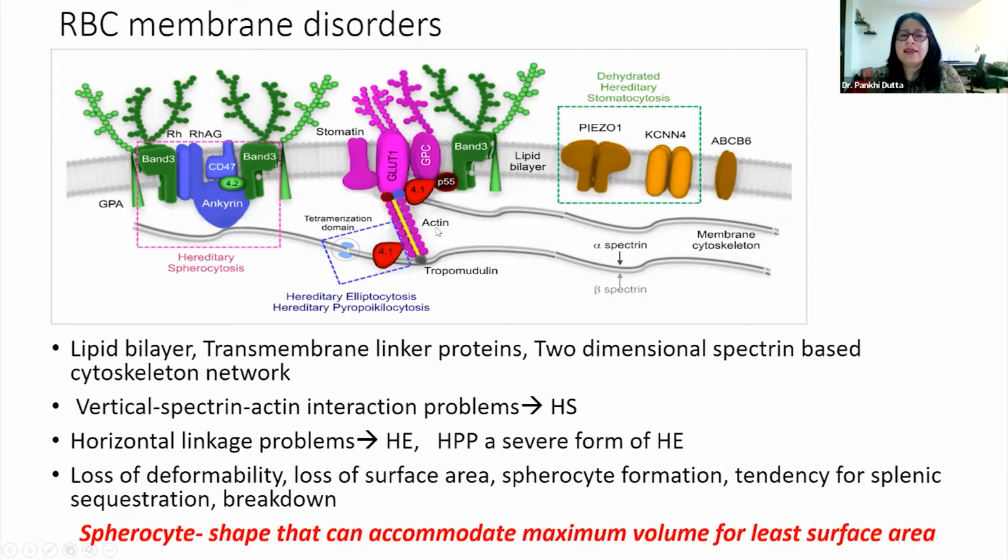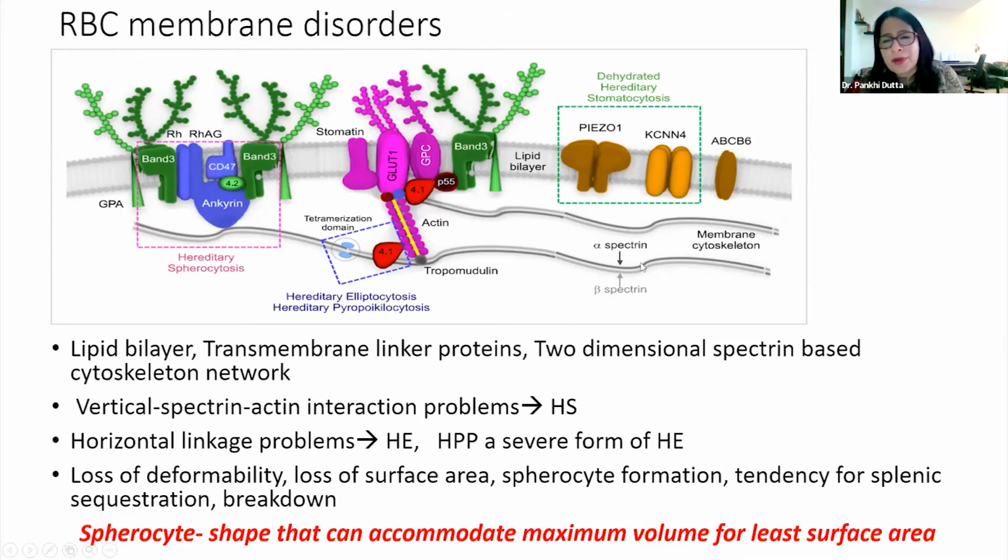And there are some proteins, again, which are called linker proteins, which are anchoring this lipid bilayer and this cytoskeleton together. Usually the vertical interactions are between spectrin and actin interactions. And if there is a problem here, they usually cause hereditary spherocytosis.